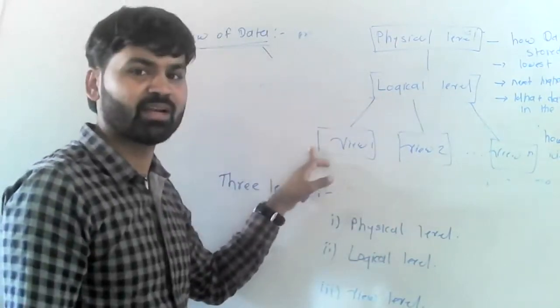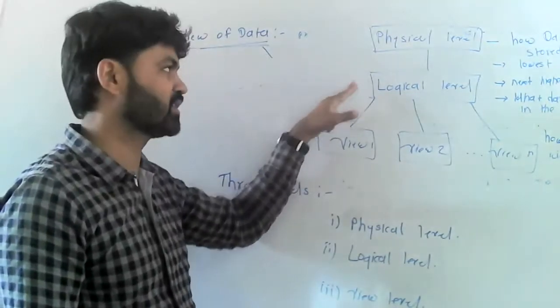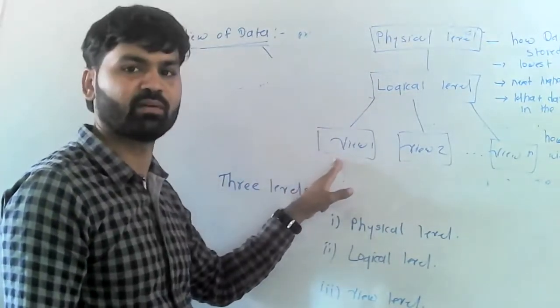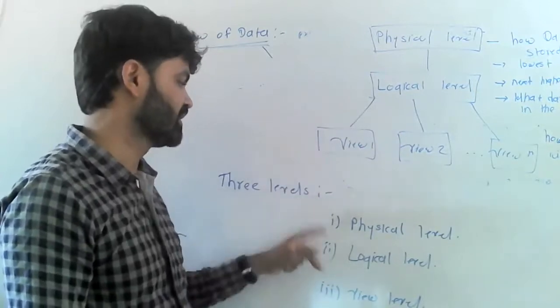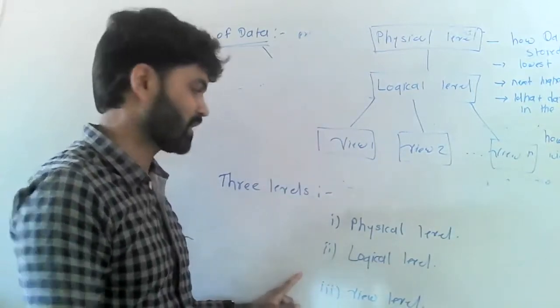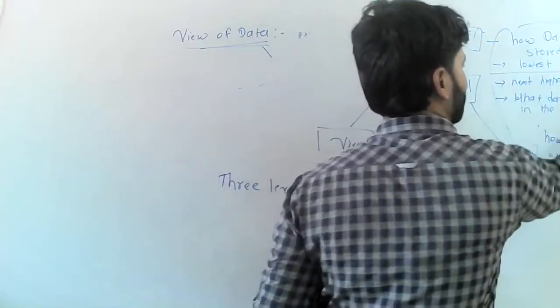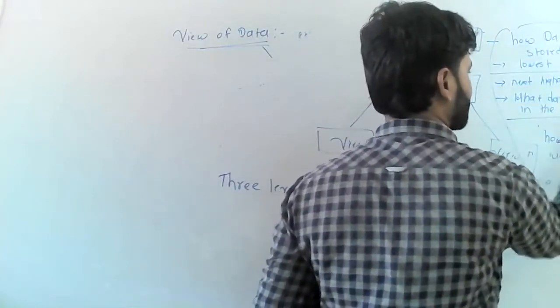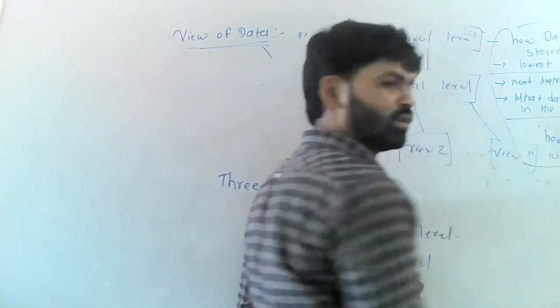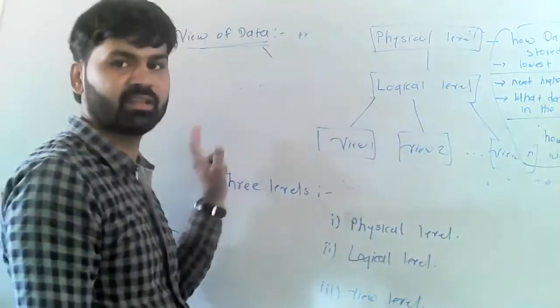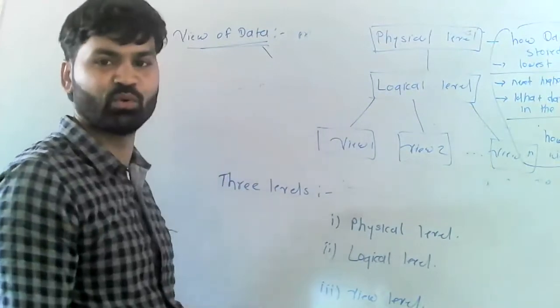There are three levels: physical, logical, and view level. These are the different levels of your view.